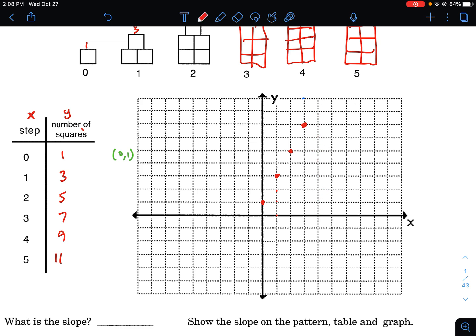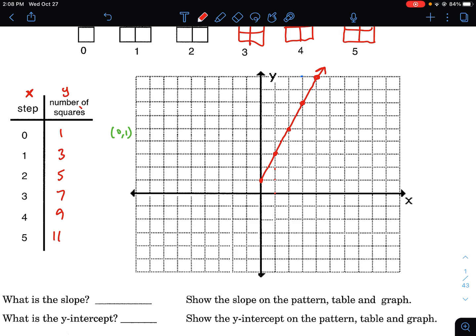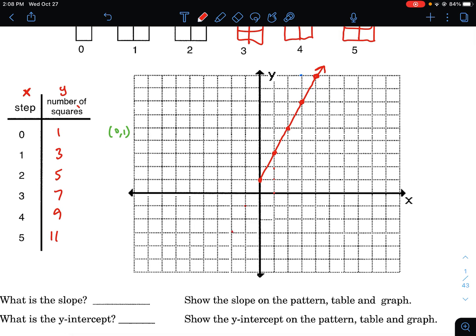Now, I'm actually doing this the slow way, but I'll teach you the smarter way. We're going to draw a line that connects all these dots. Now, we do have to continue our line, and if we use a ruler, we will draw a straight line that cuts through the whole thing.